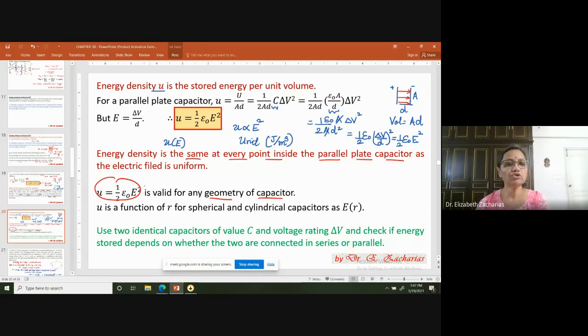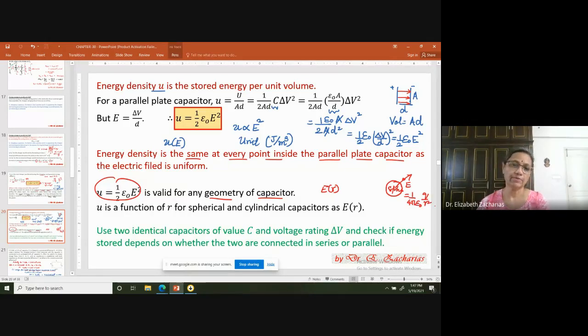However, in those places, the electric field is going to be a function of distance. For example, if I have a sphere, the electric field at a point is given by 1 by 4 pi epsilon naught Q by R square.